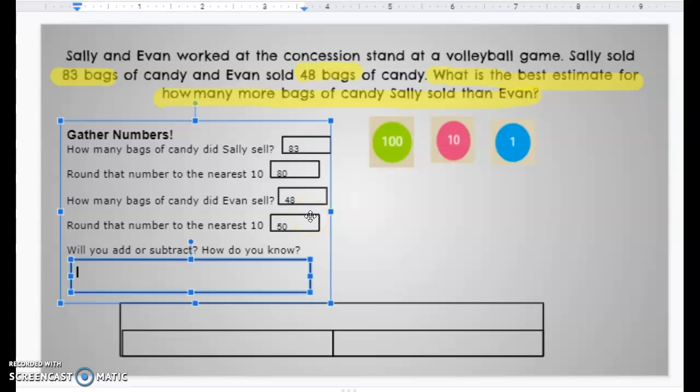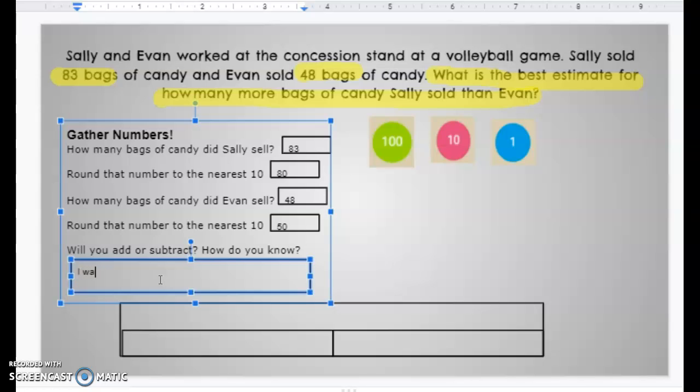How many more? If I want to figure out how many more, I'm trying to find a missing number. I want to know how many more it takes to get to that specific number. In this case, 50 and 80. How many more do I need to get from 50 to 80? To do that, we're going to subtract.